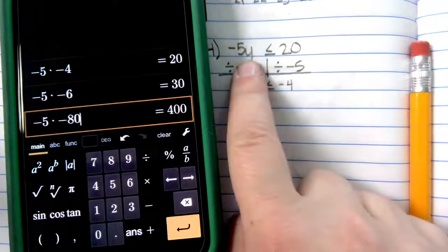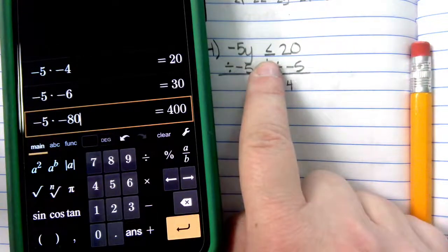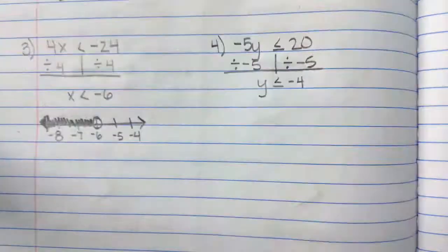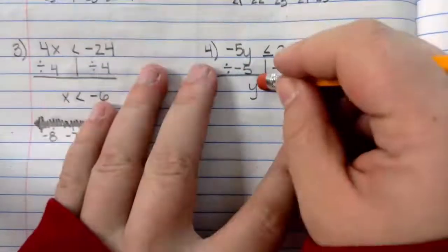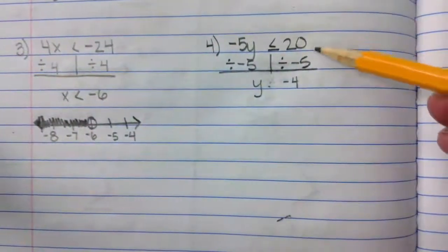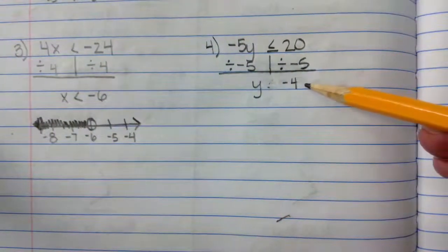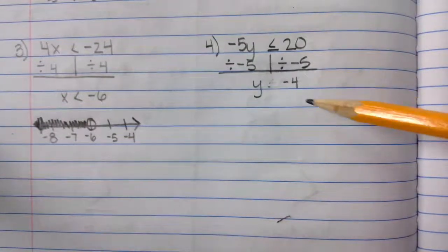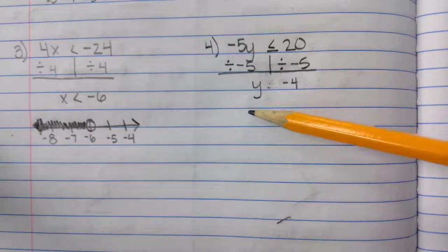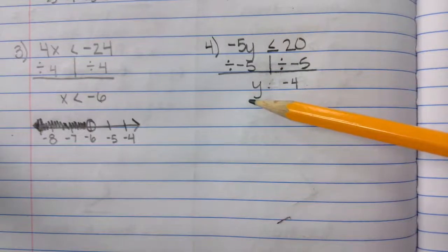So what happens here is we went from a positive 20 to a negative 4. We went from a negative y to a positive y. So when we switch from positive to negative, negative to positive, everything is flipping.